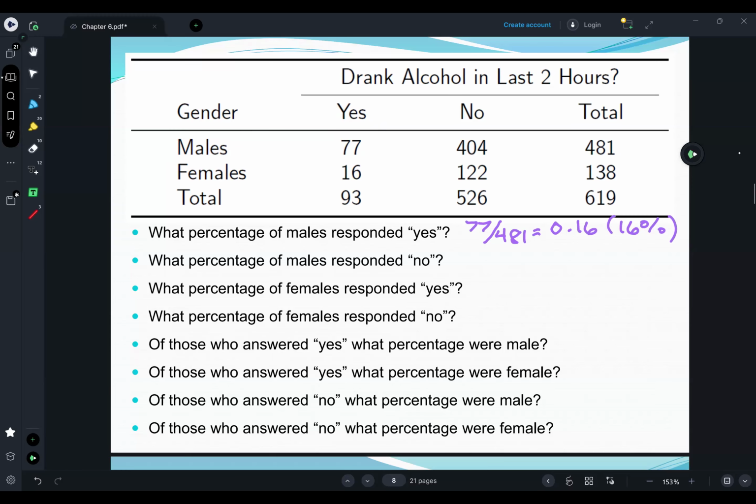So this time we would take males, no. You find the cross tabulation there, and it's 404 males. We divide that by 481, and that comes to 84%.